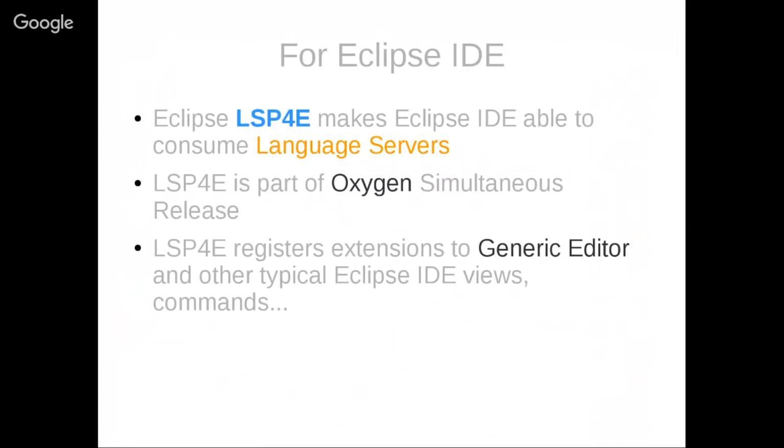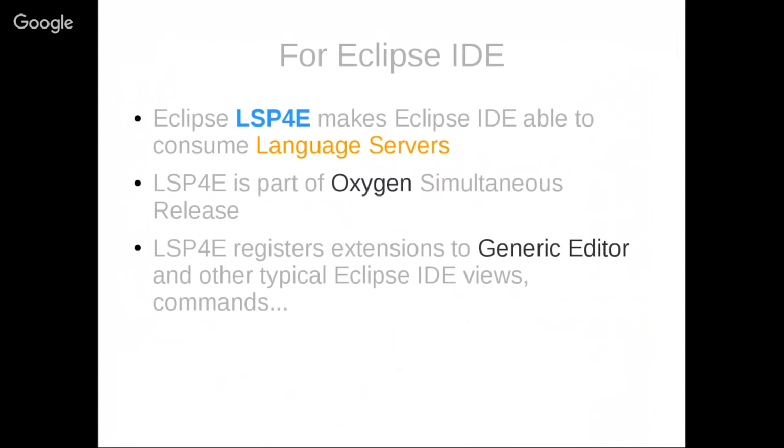For example, the completion is an extension to the generic editor, just like the completion for content assist in the .target file. And so editor-specific operations are bound to the generic editor, and other operations such as outline or search are bound to typical Eclipse views and commands.